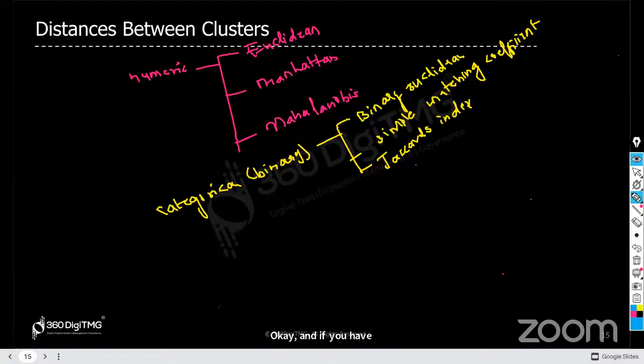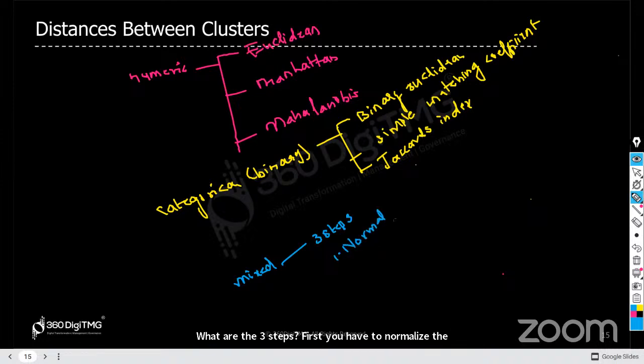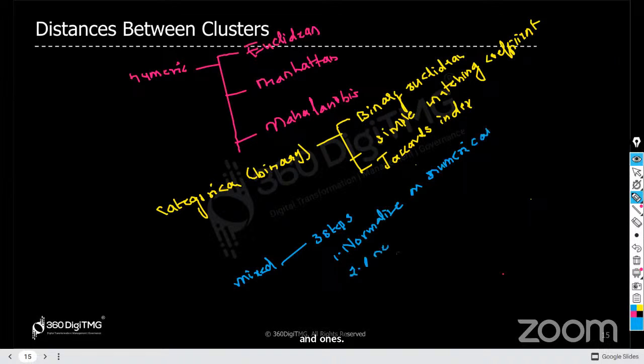And if you have mixed data, which means categorical plus numerical, then you can follow three steps. What are the three steps? First, you have to perform normalization on the numerical columns so that you get all the values between zero and one. After that, you have to perform one-hot encoding on the categorical columns.